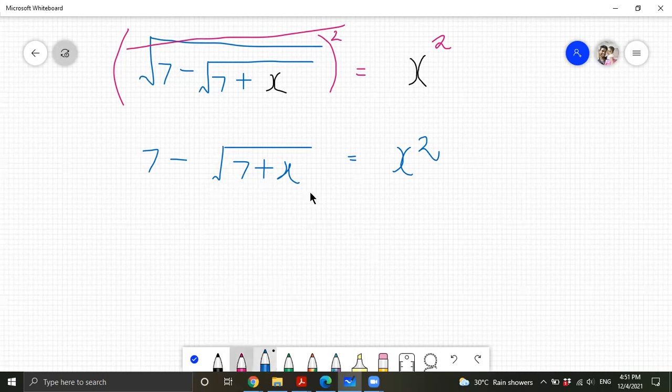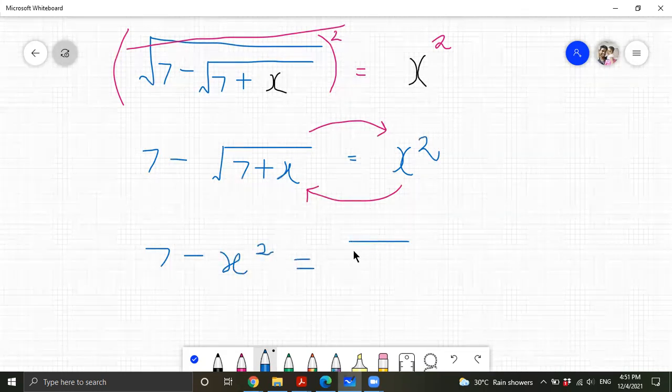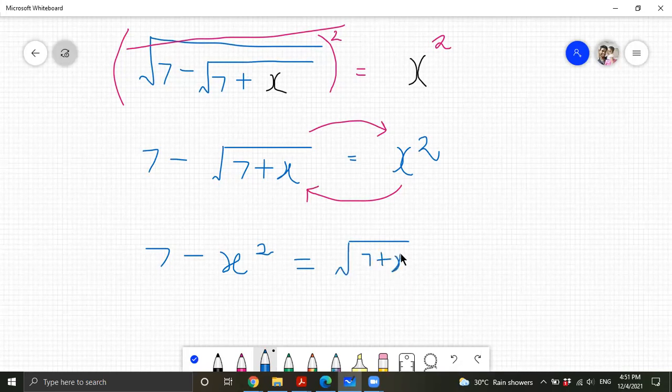So we'll shift this to the right hand side and shift this to the left hand side, so that one side has no square root terms and the other side has the square root term. That gives us (7 minus x squared) squared equal to the square root of 7 plus x, right? Everything is perfect.